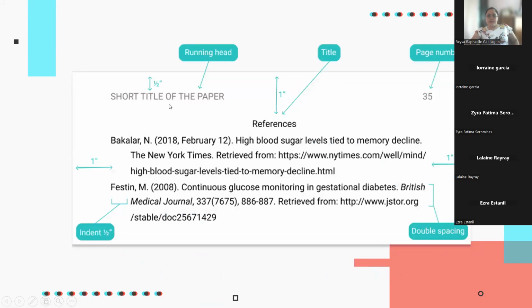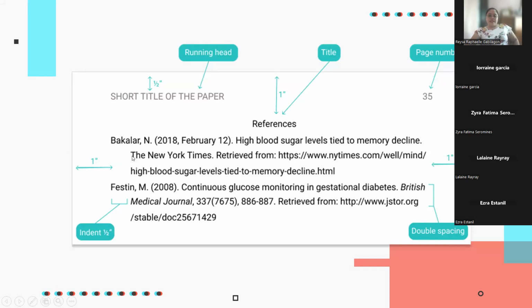So this will be the format of our references. You still have the page number, and again, put the running head right beside the page number, and then we have here the title, References. The margin will still be the same, and it is still double spaced. You have here, class, one line. Of course, since our references need a lot of information, they are more than one line.